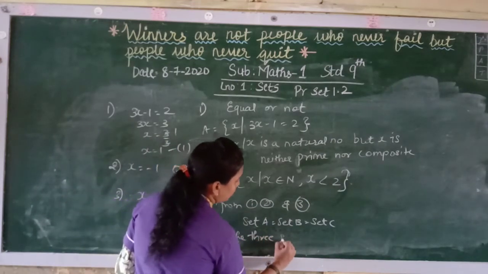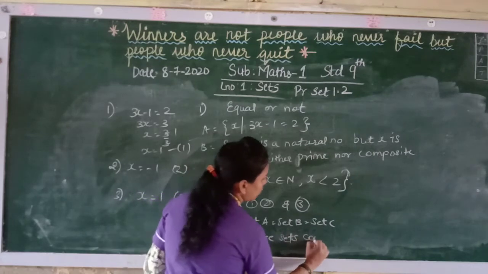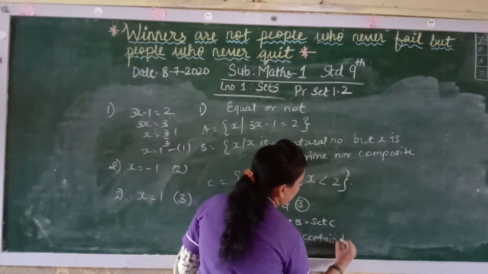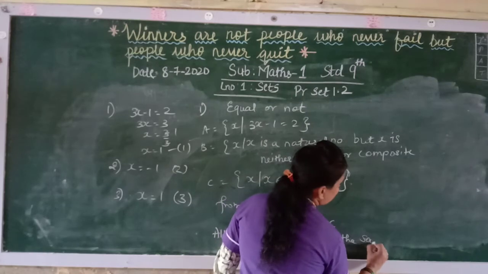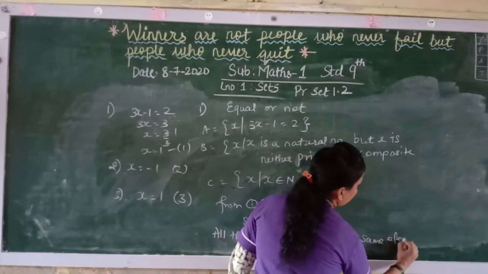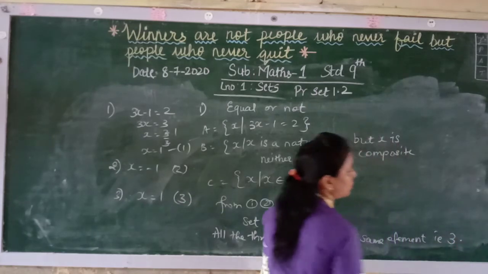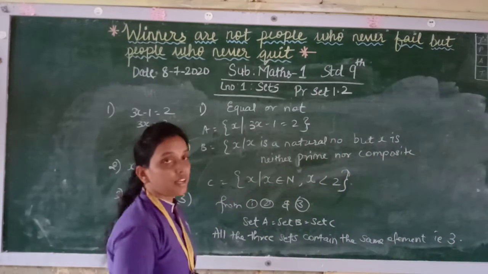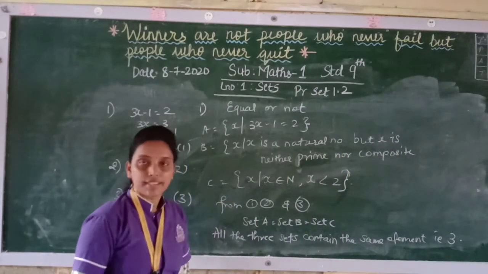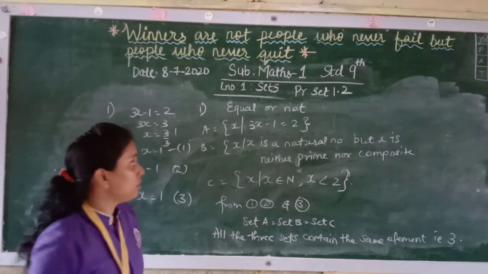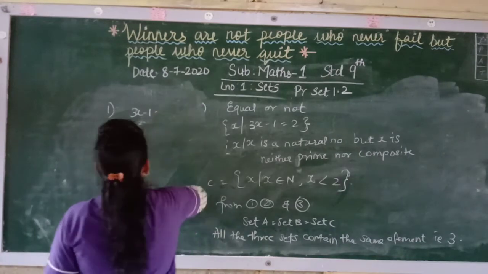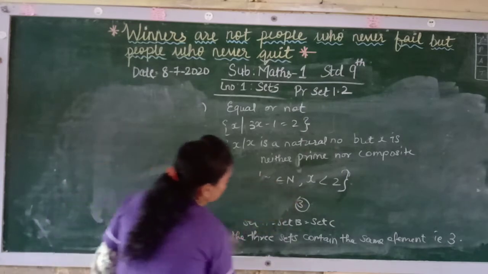So you can write all the three sets contain the same element, that is 1. Therefore, all three are equal sets. I hope you are understanding what are equal sets.